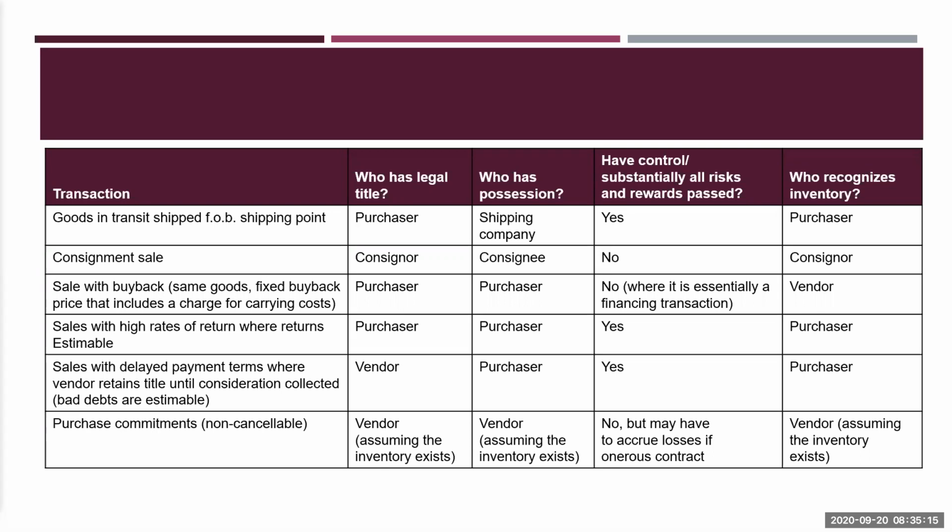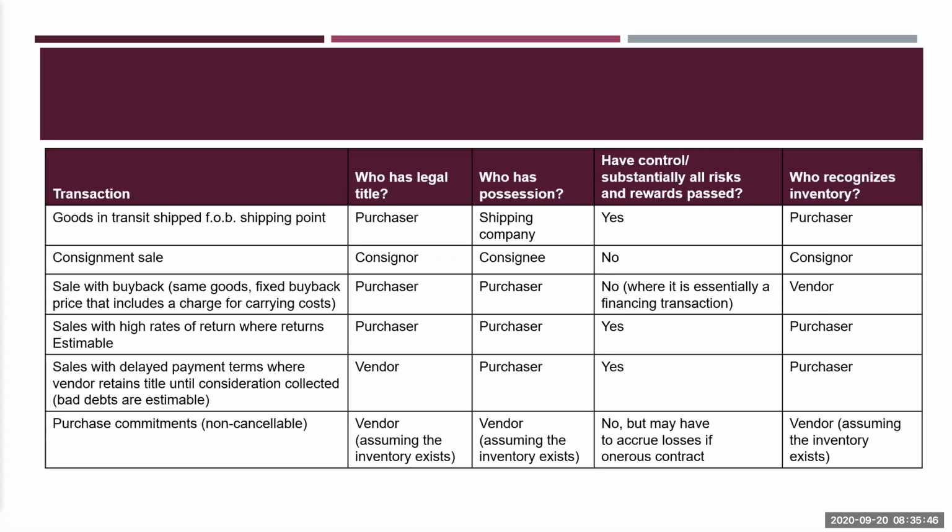When you have sales with a buyback agreement, this is an agreement where the seller sells something to the buyer and then has an agreement to buy that item back. So it completes the whole circle. In that instance, the legal title belongs to the purchaser, the possession is with the purchaser, but no risk and rewards have transferred. So this inventory item will be recognized by the vendor.